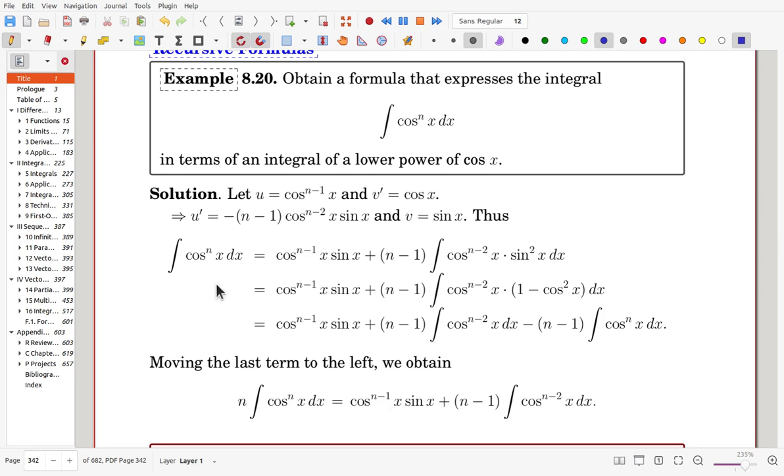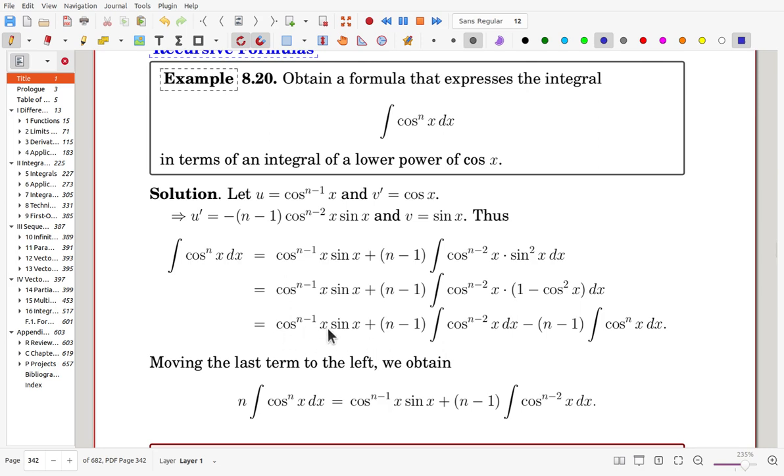So using integration by parts, here that is uv minus the integral of v u prime, and along with this minus it becomes positive, and here with sine x. Now for sine squared x, we can use 1 minus cosine squared, and then we rearrange it algebraically.